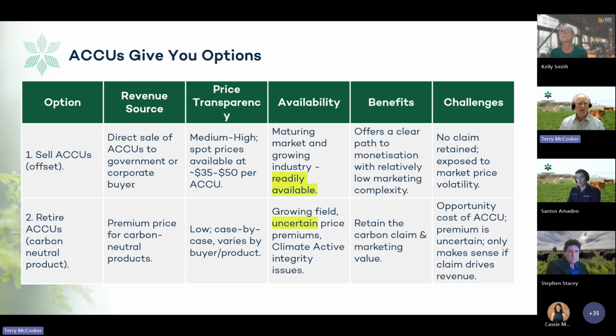At the moment, that market of insetting, so you could just sell these yourself on the open market, and then retire a proportion, and you would be carbon neutral. I'm going to run through some numbers on that shortly and show you the economics of doing that.